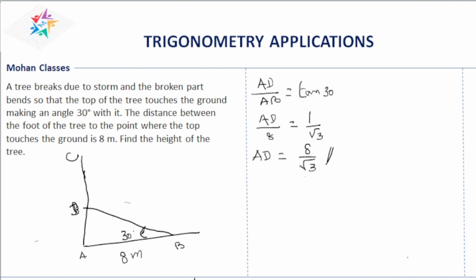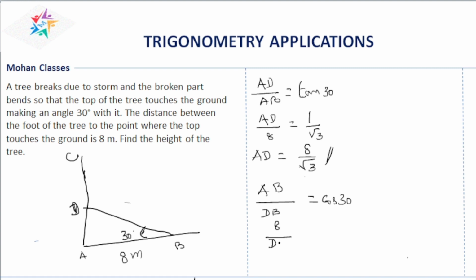Now we have to find DB. So for that, how do we do it? AB divided by DB. Adjacent side divided by hypotenuse. What will you get? Cos 30, right? It is cos 30. AB, you know, is 8.